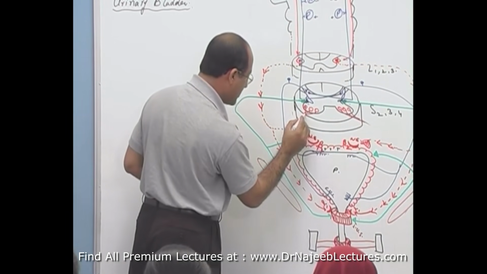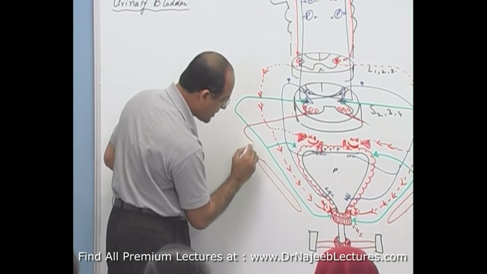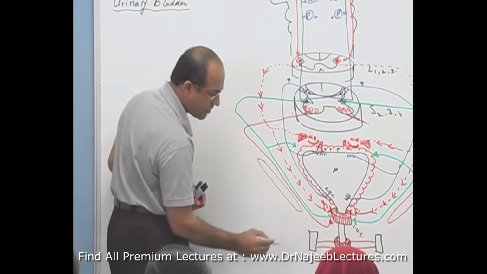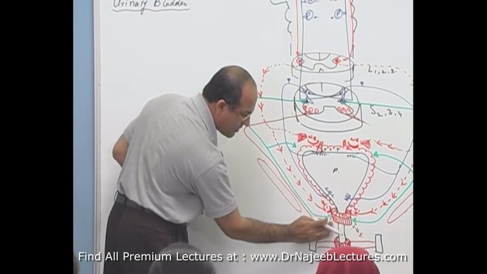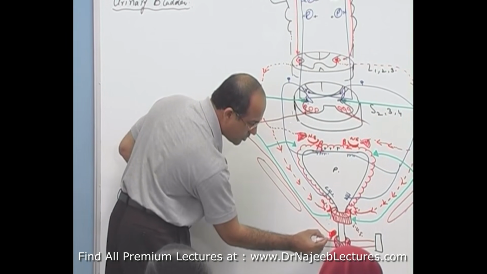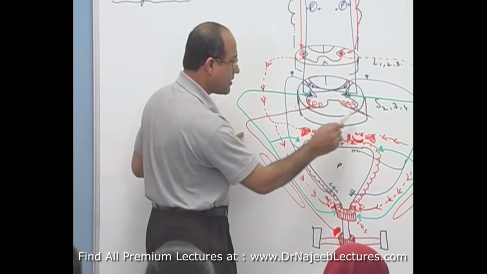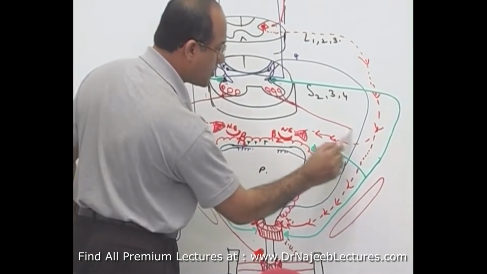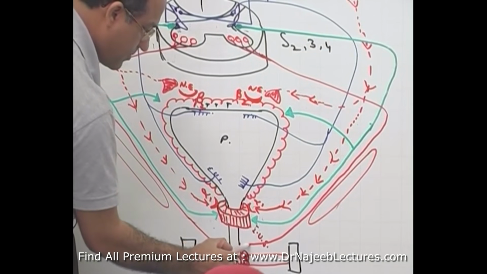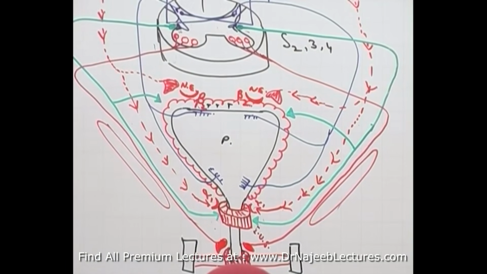Somatic outflow, and it is going out through which nerves? Yes, the pudendal nerves. Through the pudendal nerve, these fibers will come and stimulate the external urethral sphincter, not the internal one. In the same way, these fibers will come out and stimulate the external sphincter.